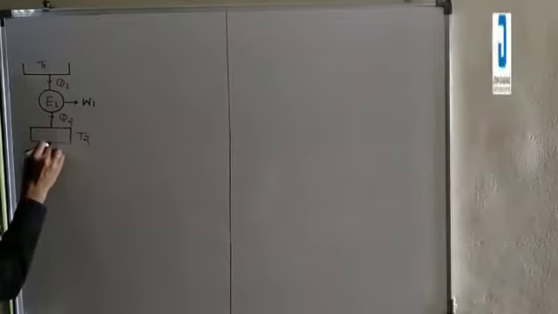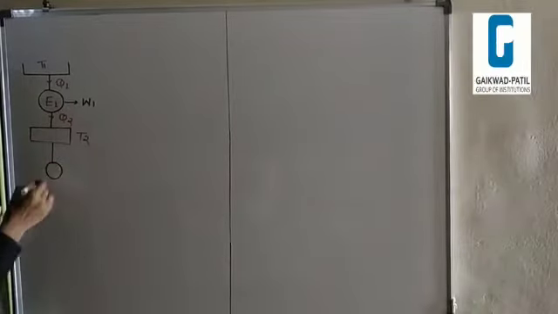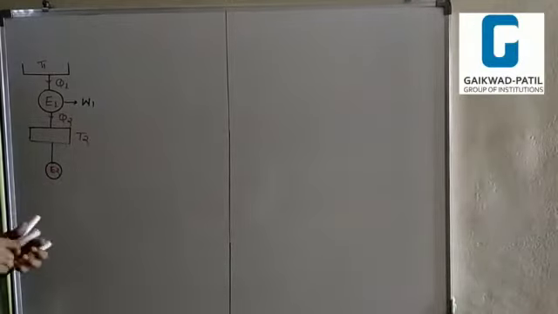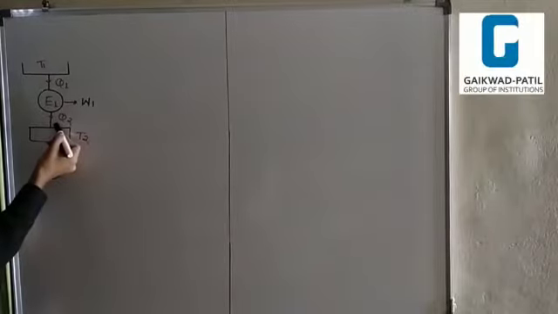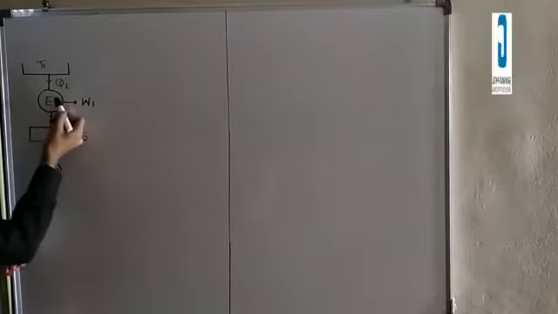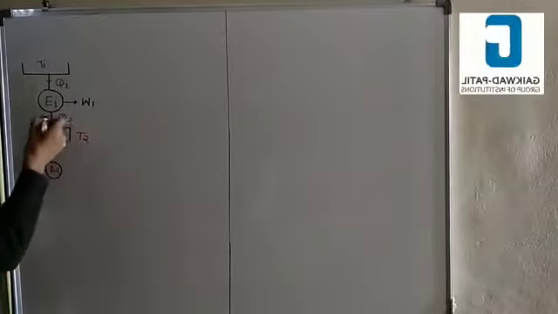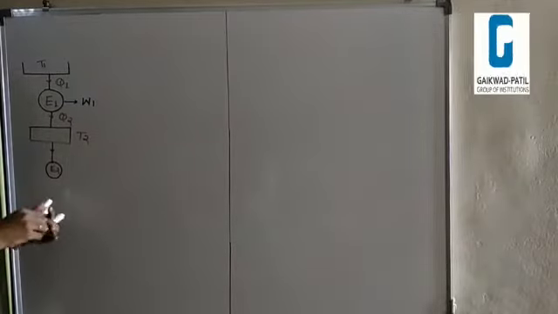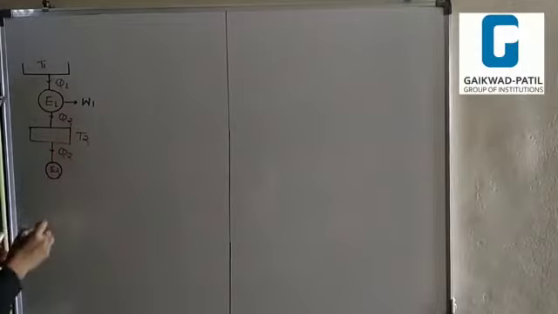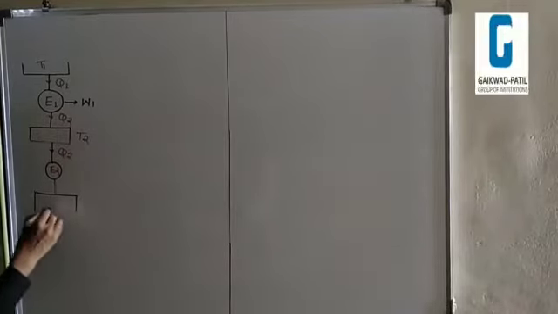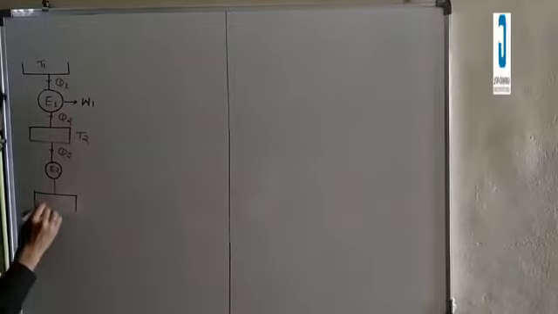Now the same for engine E2: the heat Q2 is supplied to engine E2, जो यहाँ से हीट रिजेक्ट हो रही है इंजन E1 से, वही हम यहाँ पे सप्लाई कर रहे हैं इंजन 2 को. This one is Q3, at another temperature T3.